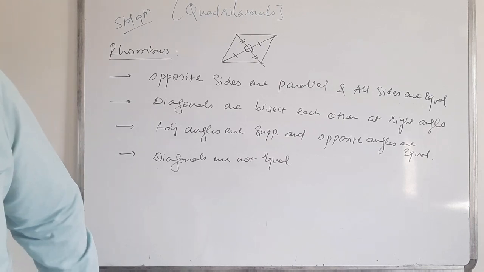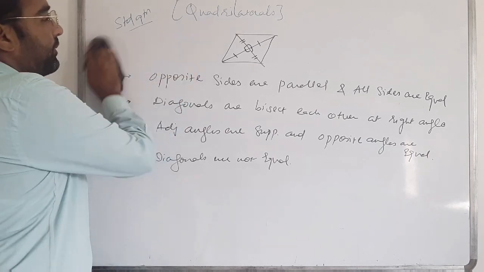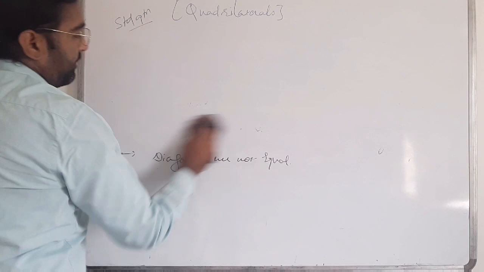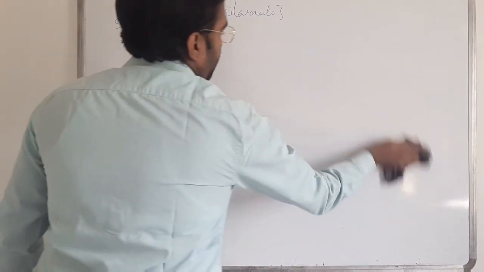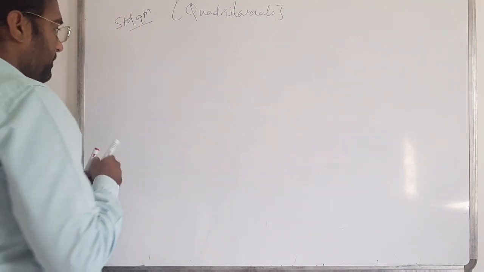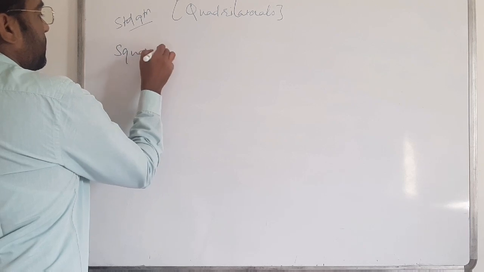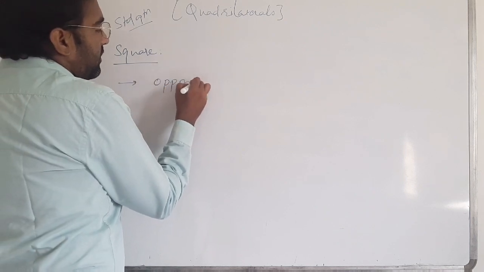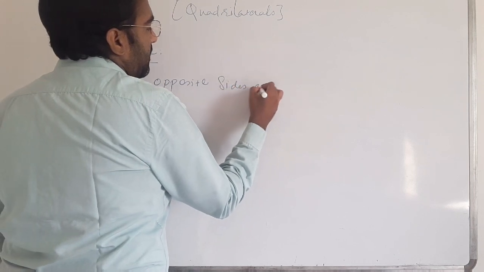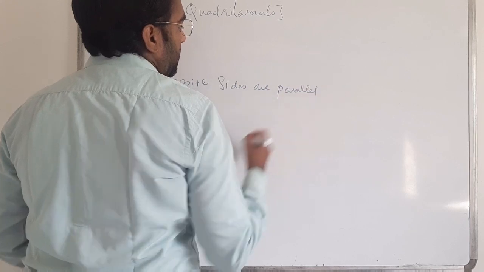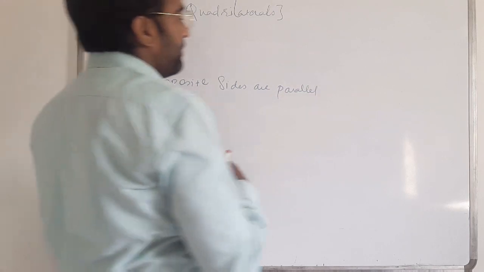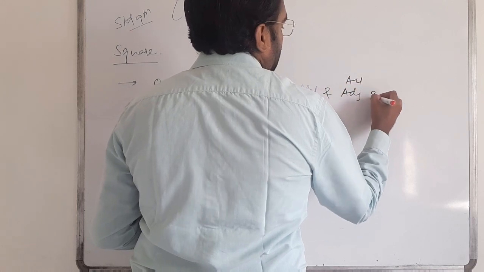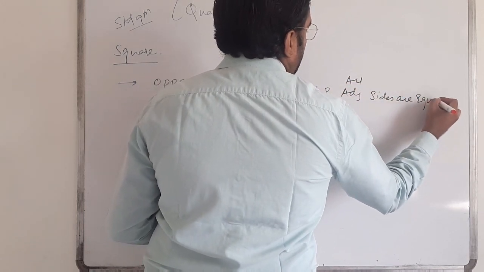Clear? Now we are moving to the square. So in a square, opposite sides are parallel and adjacent sides, that means all sides, are equal.